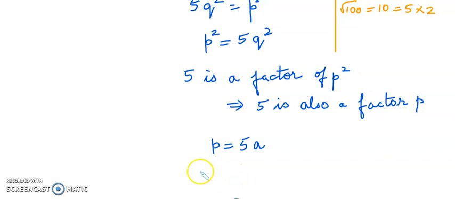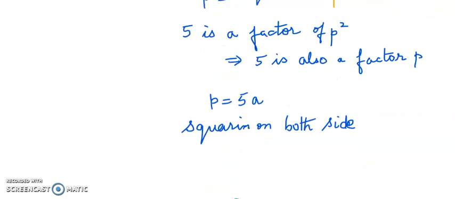Now we'll square it on both sides again. So we'll get p square equals 5a the whole square, which is 25a square.